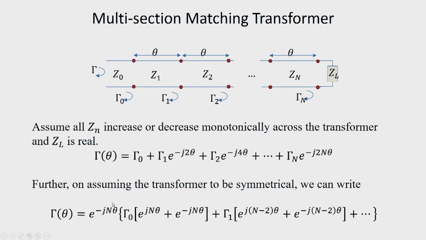So, if we assume this type of symmetry, then we can write gamma theta e to the power j N theta equals gamma 0 times (e to the power j N theta plus e to the power minus j N theta) plus gamma 1 times (e to the power j (N minus 2) theta plus e to the power minus j (N minus 2) theta) plus and so on.